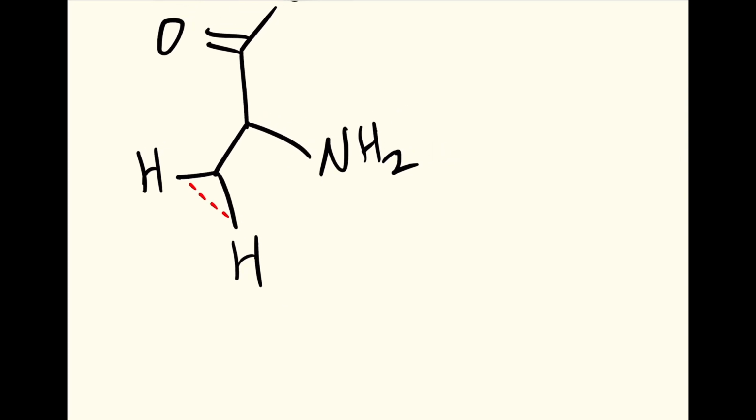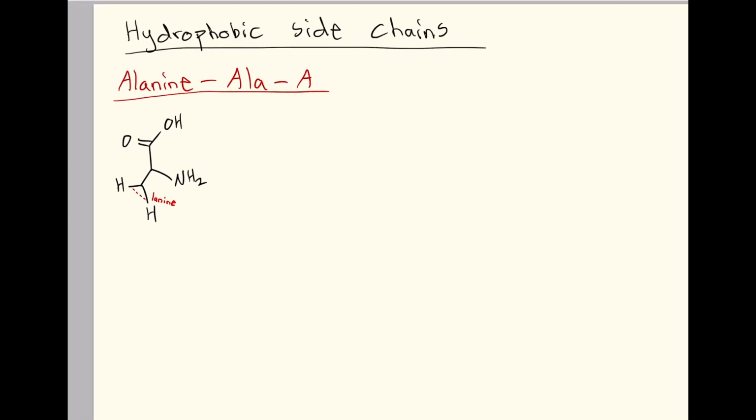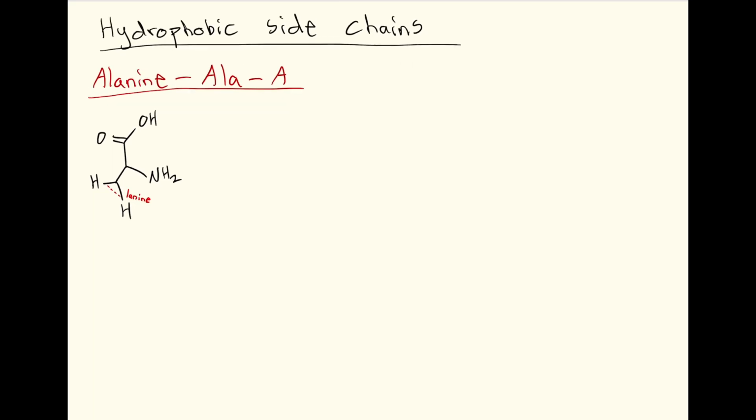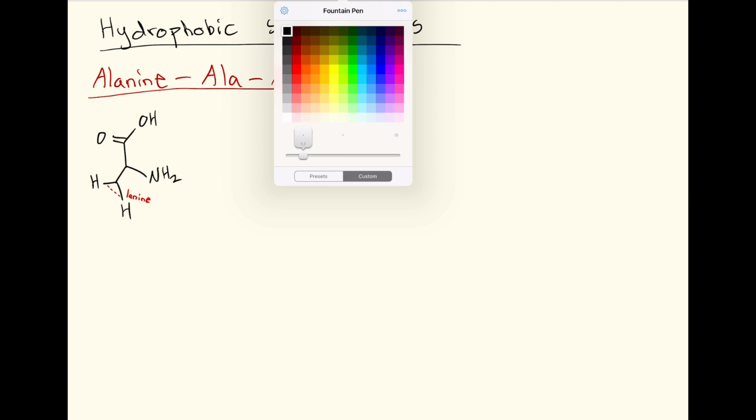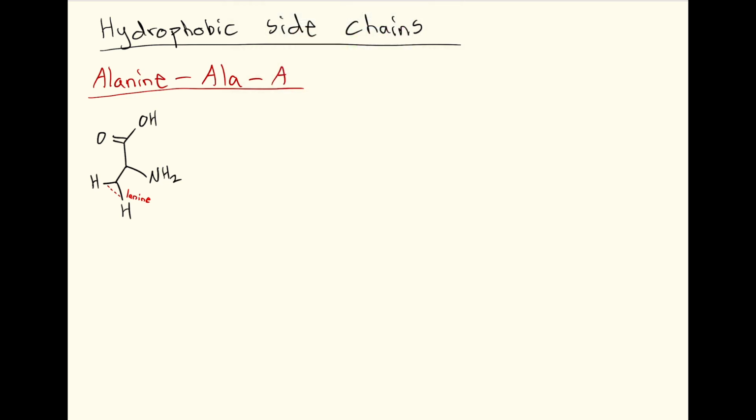That kind of resembles an A in between the H's, and that really helps me memorize it by naming it alanine. From here on out, we're also going to draw it in this way as well. You can draw it the way I had drawn it, or you can draw it like this.